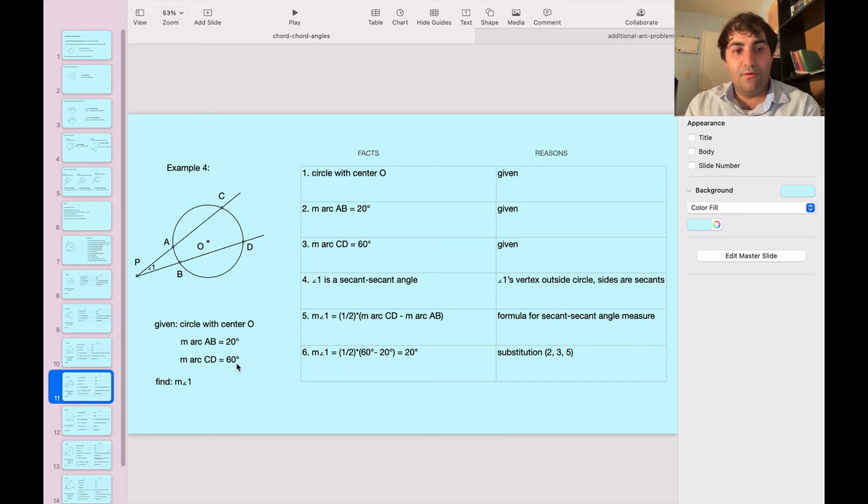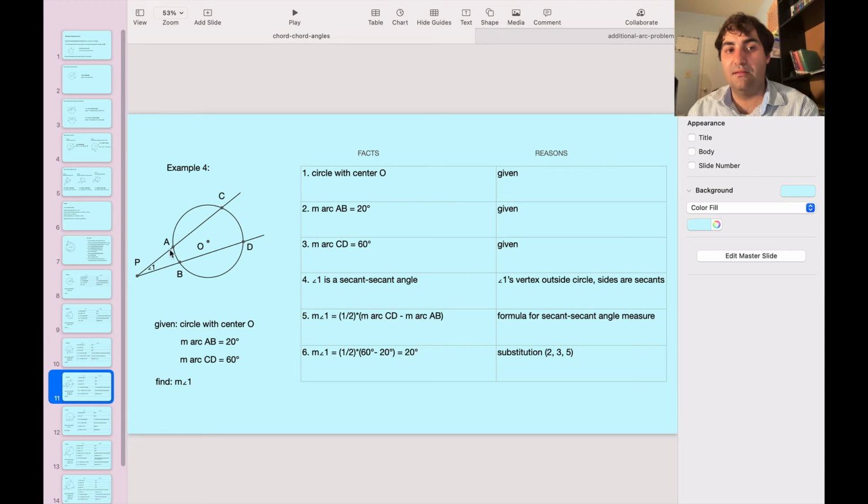Okay, example 4. We're given a circle of center O. Measure of arc AB equals 20 degrees, and measure of arc CD equals 60 degrees. Find the measure of angle 1. So we write down what we know, and angle 1 is a secant angle, right? Because this line PC is a secant, and this line PD is a secant.